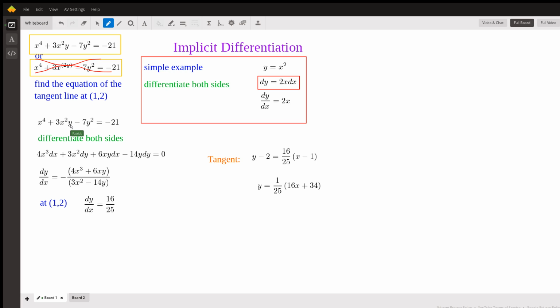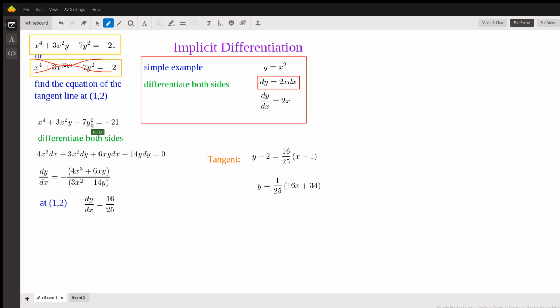Again, we can think of the y as part of a constant, grouped with the 3. The derivative of x squared is 2x, so we have 2 times 3 times y. That's 6 times y times x times dx.